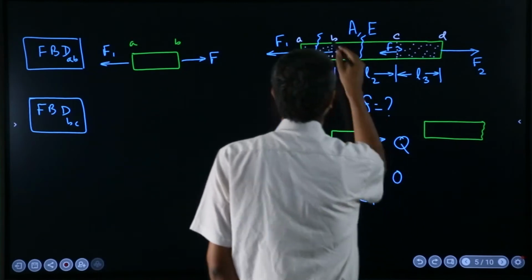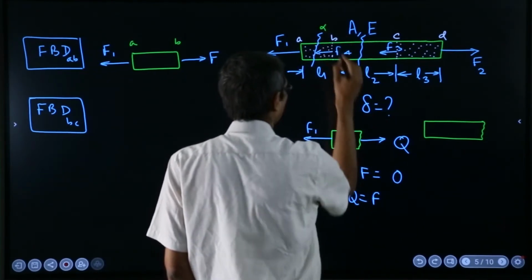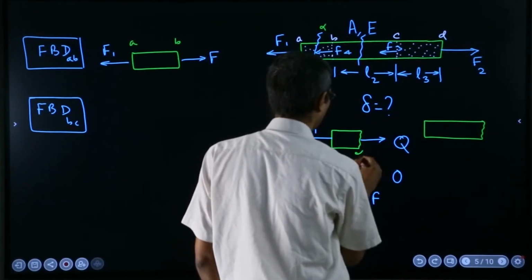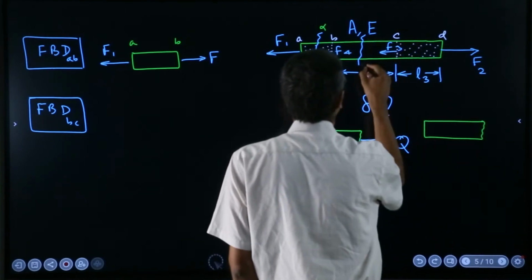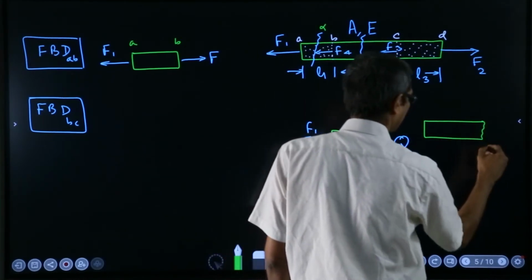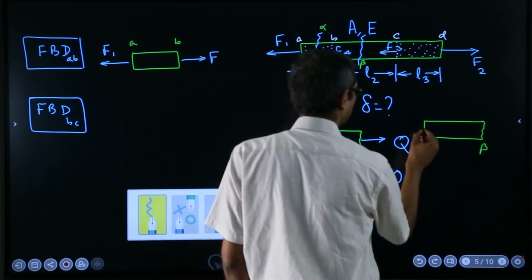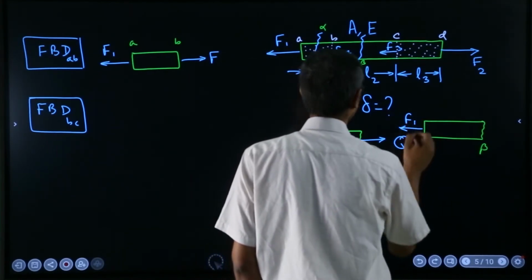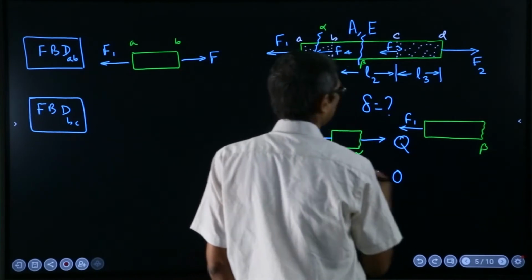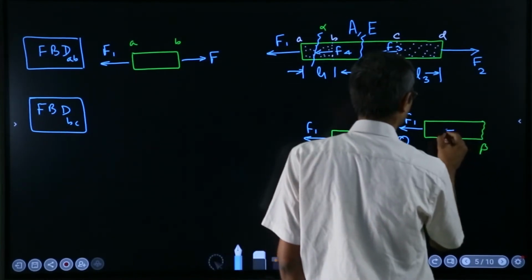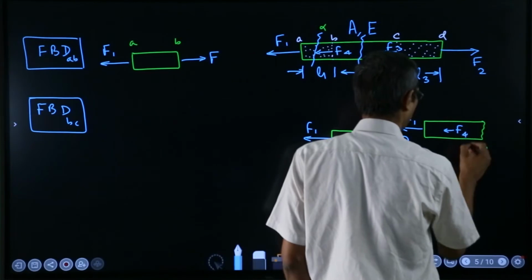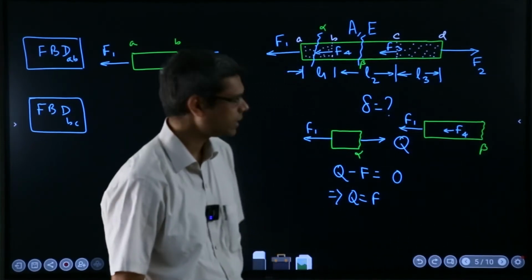This cross section, say, was alpha, and this is at beta. Then you just try to show the forces. This side it was F1, and this was F4, somewhere acting like this, F4.